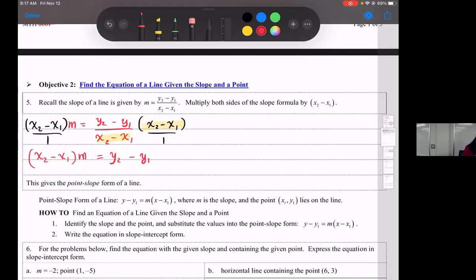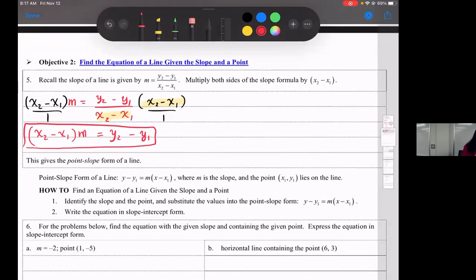And this one they call the point slope form. This is a different formula. Why do we need to do this? Because sometimes they give you different things, you have to use different formulas to derive the equation of a line.